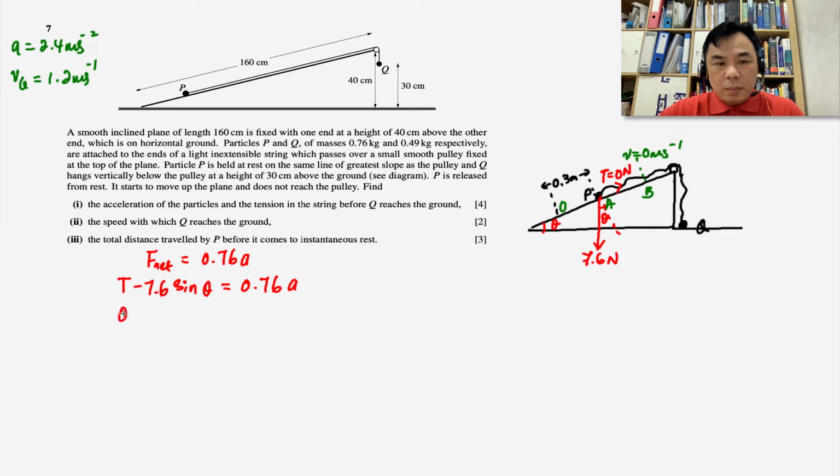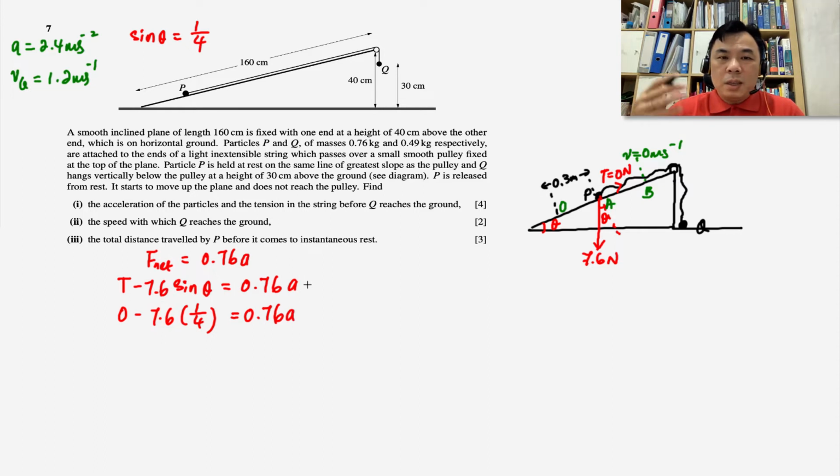So we put in 7.6, and sine theta is equal to a quarter, and then we have 0.76a here. When the string is slack, the acceleration will become a deceleration, I would say.